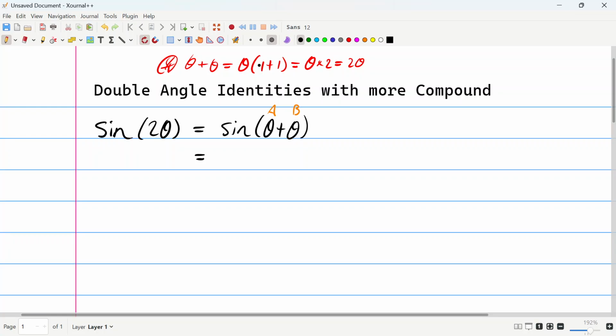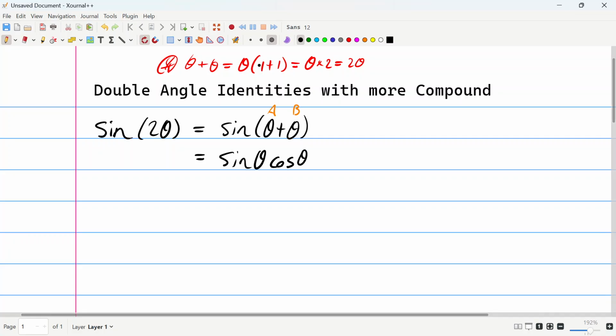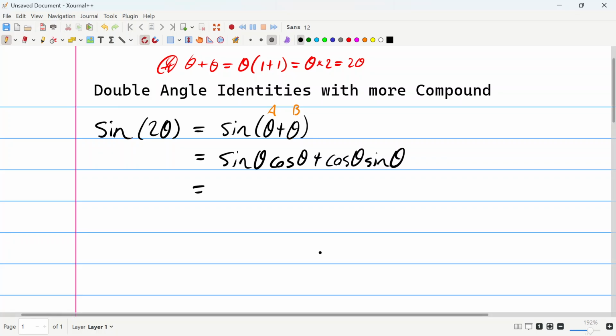So this is sine, meaning we are going to have sine cos, cos sine. So it's going to be sine theta cos theta, plus, because it's plus, we're going to choose plus on this side, and then cos theta sine theta. Notice that we can say that sine theta cos theta is the same as cos theta sine theta, because we can just swap this order around.